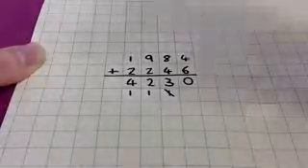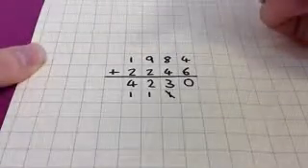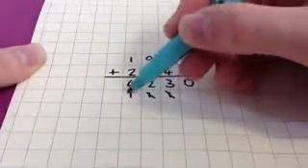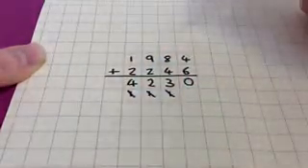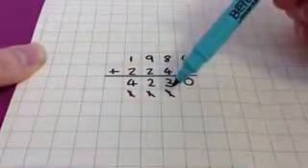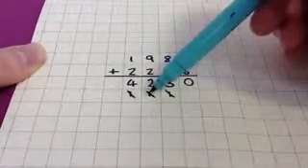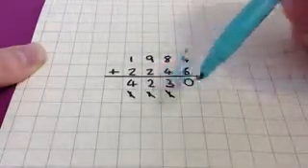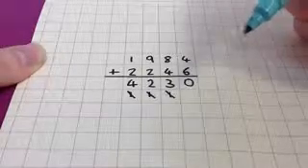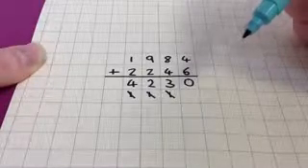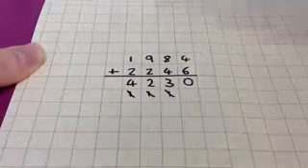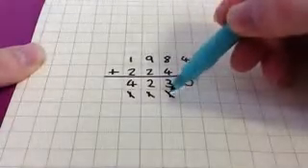Now, obviously, I've forgotten one vital thing, and that is to cross the numbers out. It's really important that you write the numbers that you are carrying below the correct column. So if you're carrying 100, it's got to be written underneath the hundreds column. If it's written under any other column, it will confuse you later on when you are adding on the numbers you are carrying. I've noticed some children using this method have been writing them underneath.